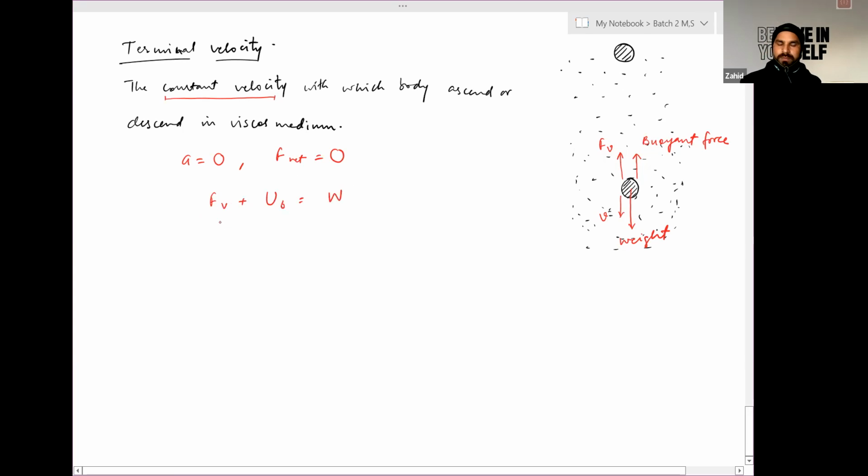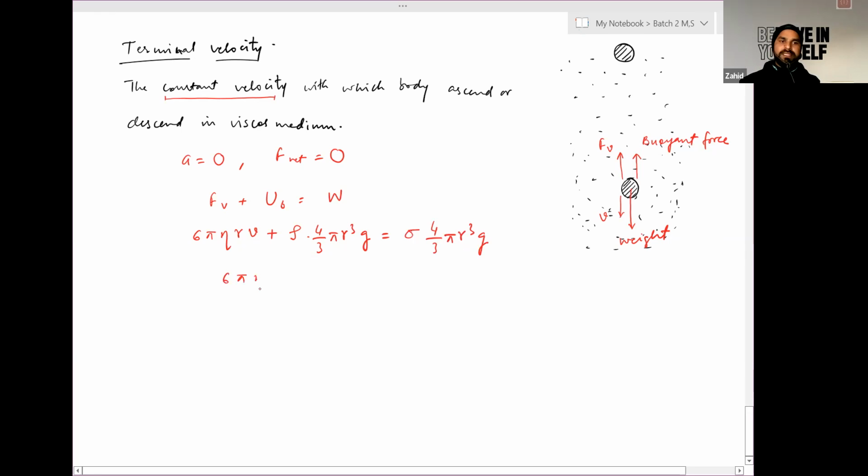Now put the value of each part. Viscous force is 6 pi eta r times v. Buoyant force is density of medium times volume of object times gravity. Weight of object is mass times gravity. We can write mass in terms of density as density of object into volume times gravity. Now move this term to the right side.